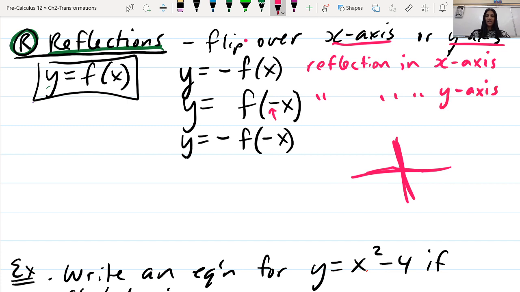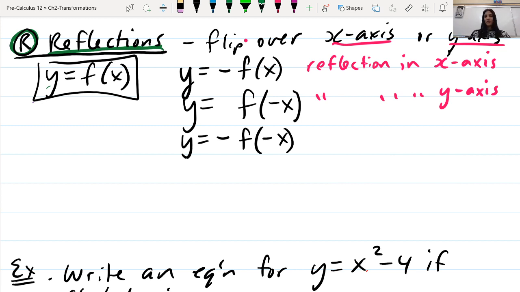Meaning if I had, let's say, a graph that looks like this, if it's going to affect the x values and change them to be like this, it's got to reflect over the y-axis. I hope that rough, messy drawing helped to clarify for you and didn't confuse you too much.